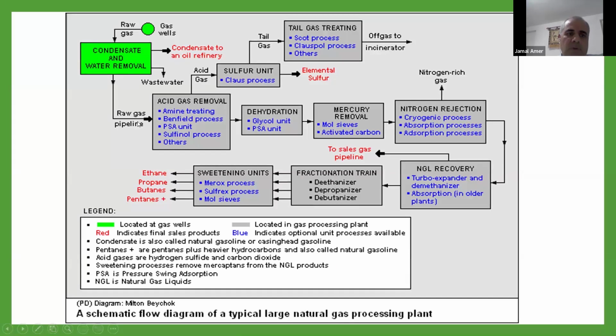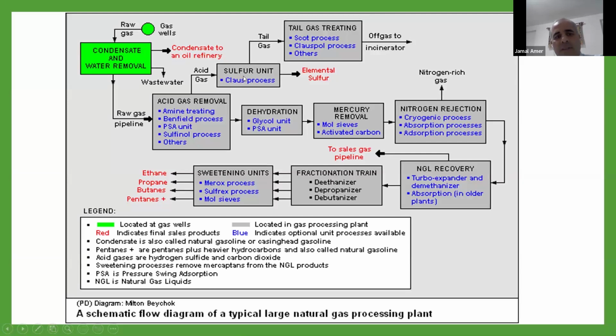While here, raw gas is sent first to a unit we call the sweetening unit, acid gas removal. So we have all these methods that can be used to remove acid gases.